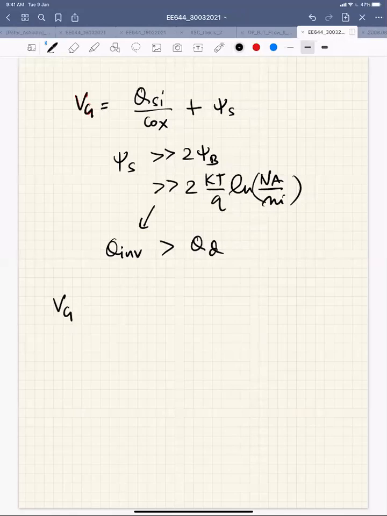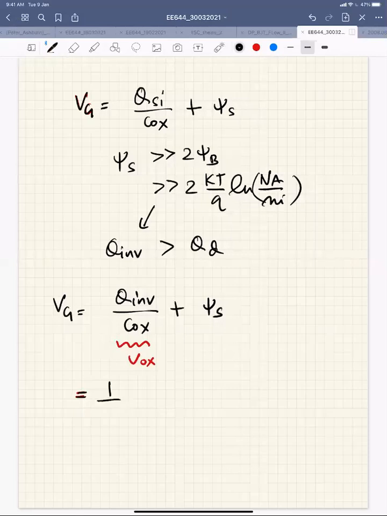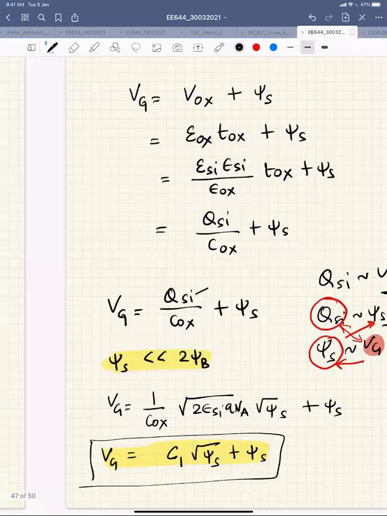So in this condition, your gate voltage is nothing but your inversion charge divided by Cox plus 2 psi b or psi s, right? So if I write that again, 1 by Cox, Q inversion.